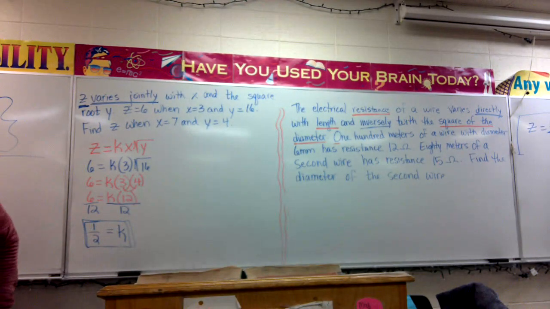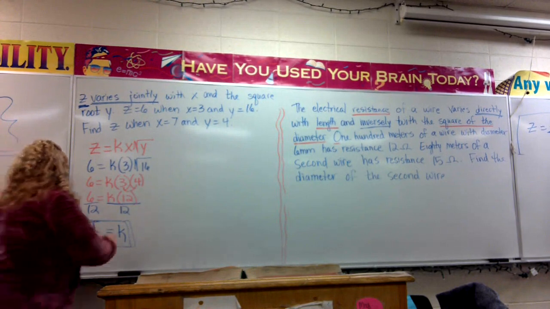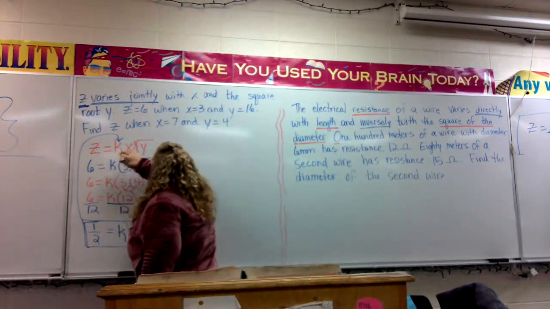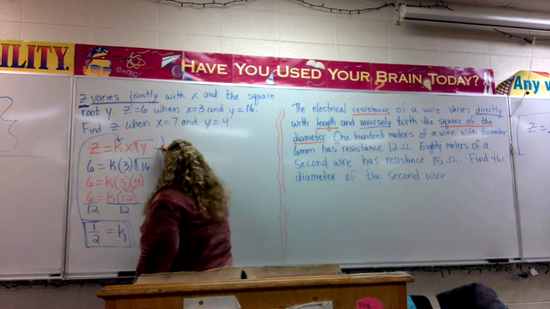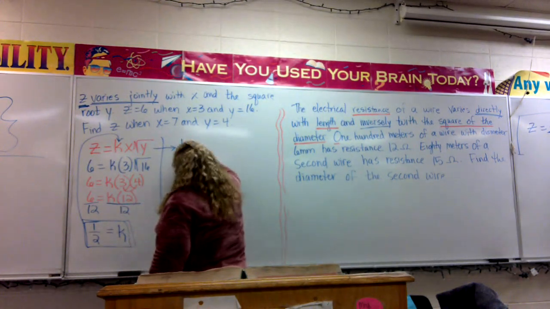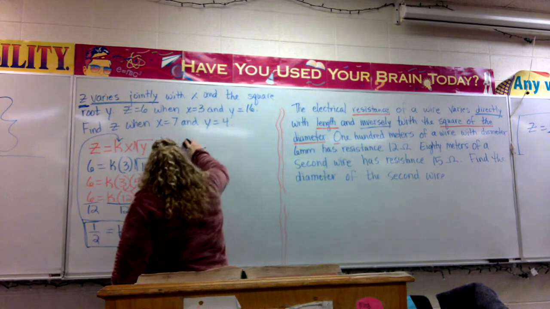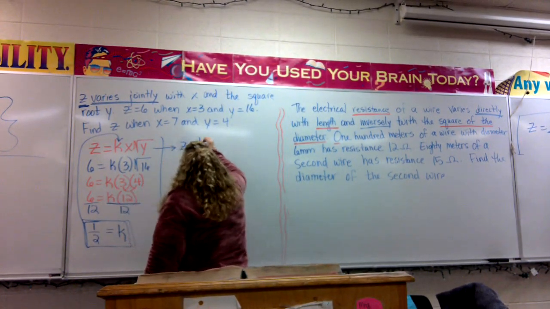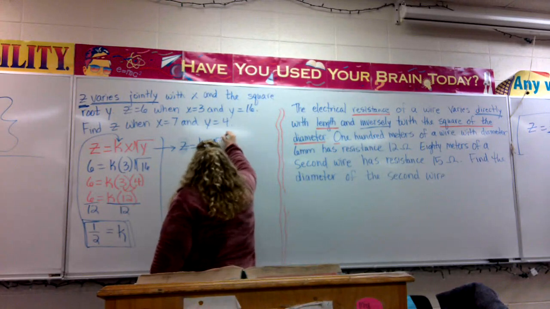We're halfway there. Because remember, we're supposed to be finding what is z. Well, you can't find z until you find this k value. We're going to take that k value and plug it back in here. Z equals k times x times the square root of y.